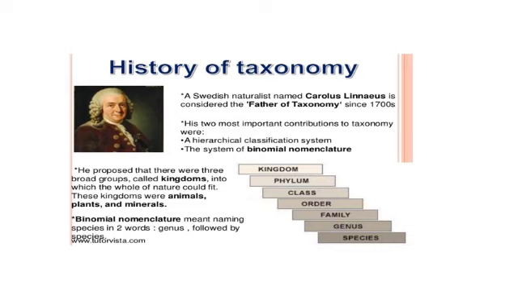Moving on to the history of taxonomy. Carolus Linnaeus, a Swedish scientist, is considered the father of taxonomy, in the 17th century. He made two main contributions: the hierarchical classification system, as we discussed earlier, and the binomial nomenclature.